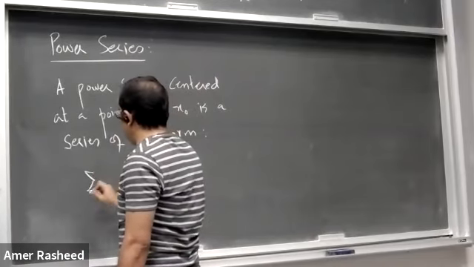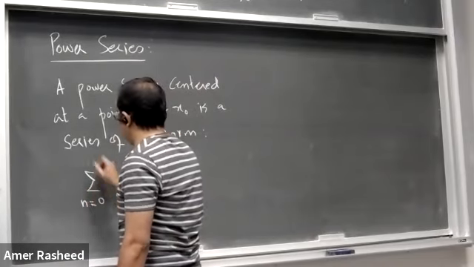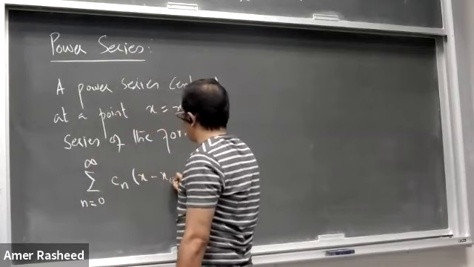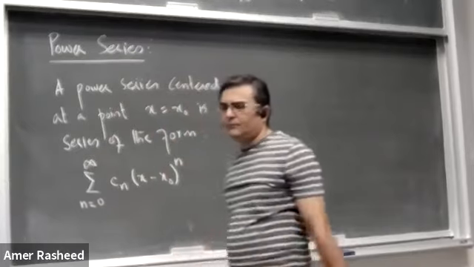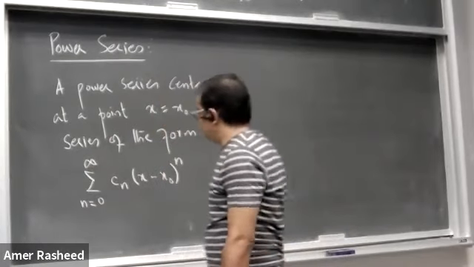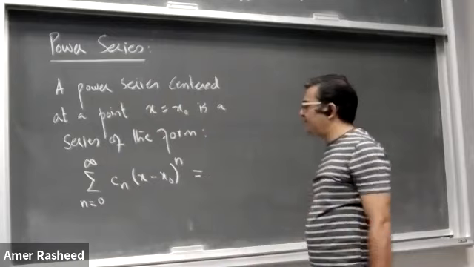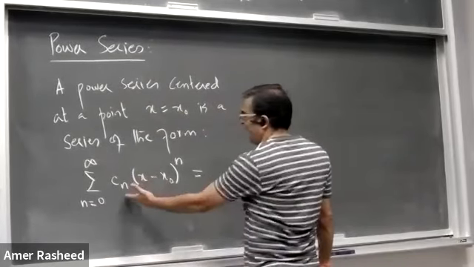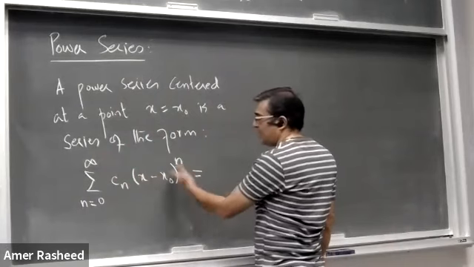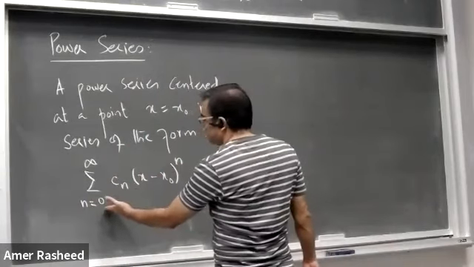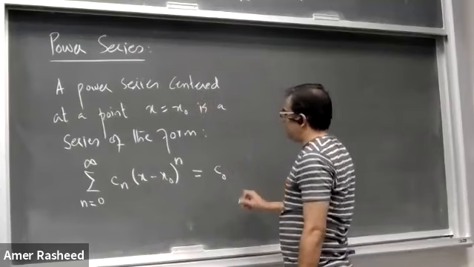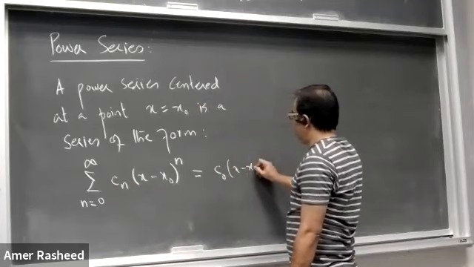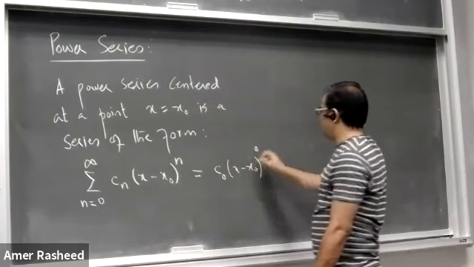the sum from n equals 0 to infinity of C_n times (x minus x naught) to the power n. And of course, if we open up this series, what do we obtain? Wherever we have n, we put n equal to 0 first. We get the first term, C naught, since anything to the power 0 is 1, (x minus x naught) to the power 0 being 1.